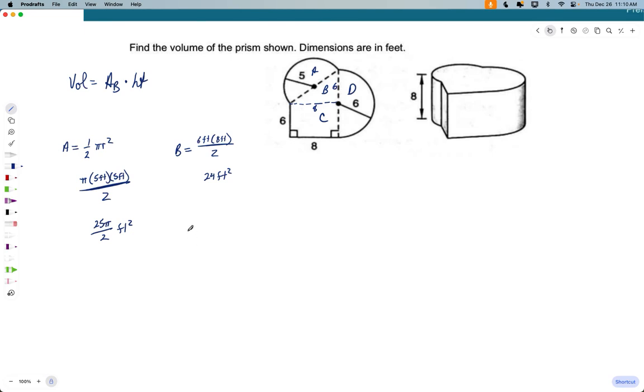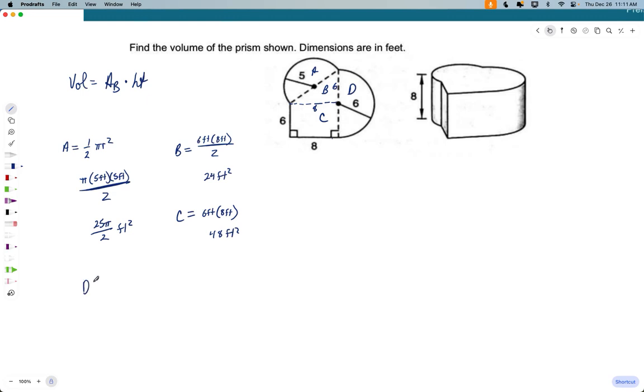All right, if we look at C, C is a rectangle, 6 by 8. So 6 foot by 8 foot, that's going to be 48 feet squared. And now we have one more, let me write that one down here.